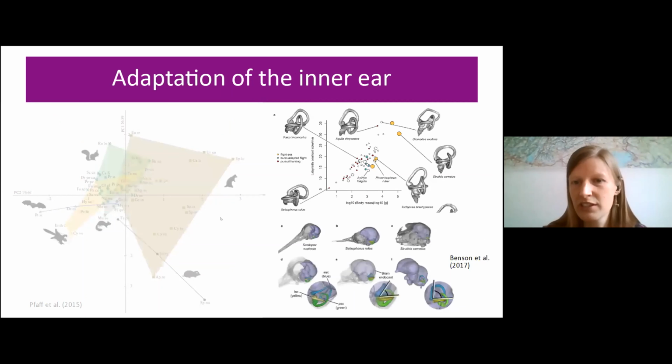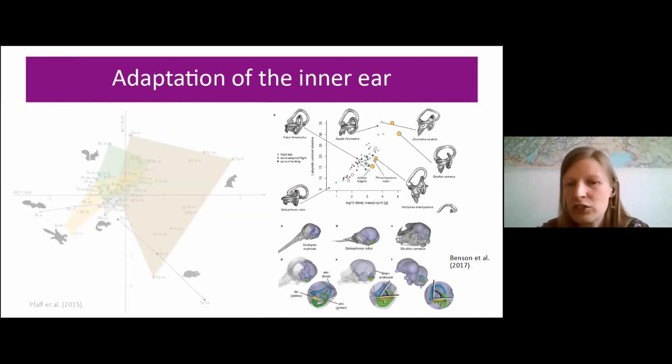Whereas in birds, the morphology of the ear is much less related to the type of ecology. For example, the yellow points are flightless birds, the red points are hunting birds, and you don't see a clear pattern.